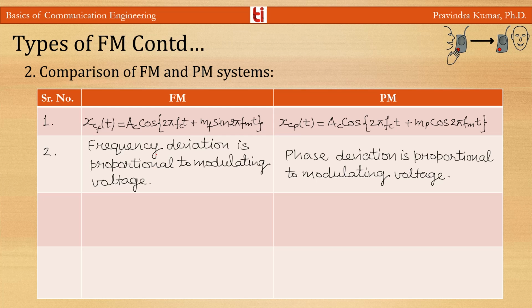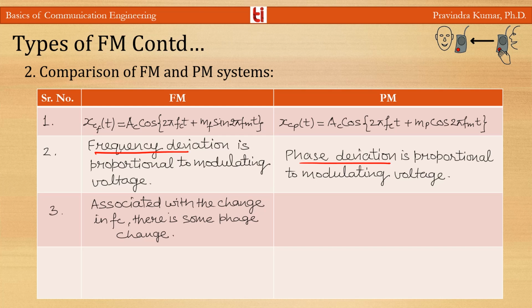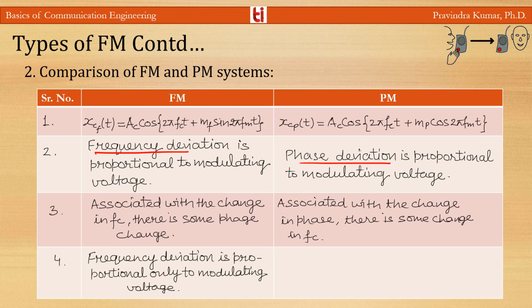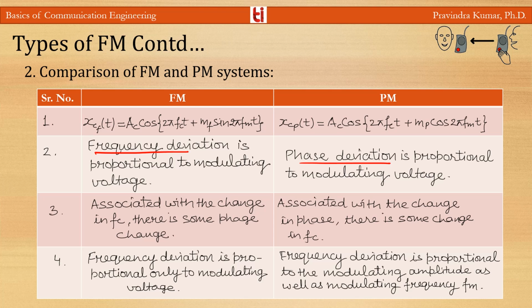Here the frequency deviation is proportional, and here the phase deviation is proportional. In the FM wave, associated with the change in fc there will be some phase change, and in the PM wave, associated with the change in phase, there is some change in fc, the carrier frequency. In FM, frequency deviation is proportional only to the modulating voltage, and in PM the frequency deviation is proportional to the modulating amplitude as well as the modulating frequency fm.